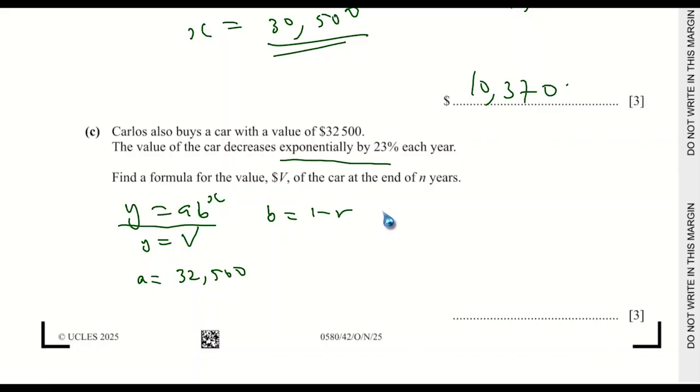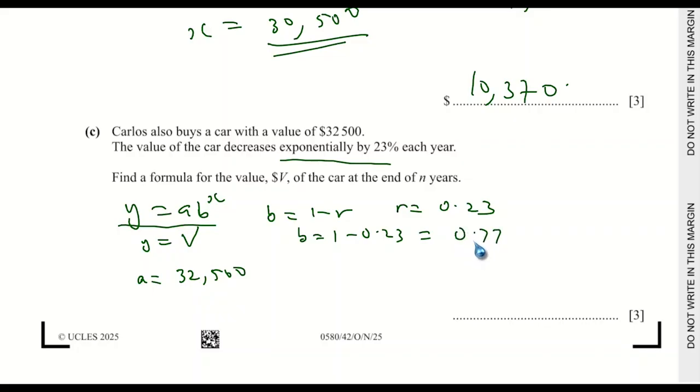If you substitute this, b equals 1 minus r, and r equals 23%, which is 0.23. Good. So b equals 1 minus 0.23, which is equal to 0.77.